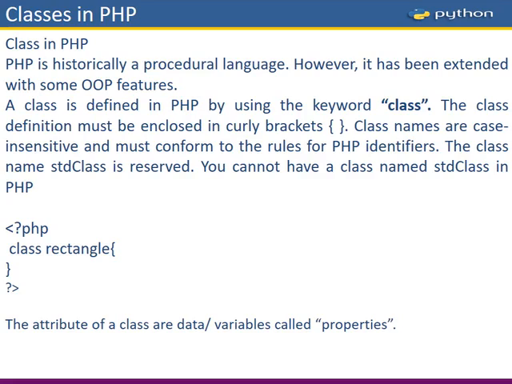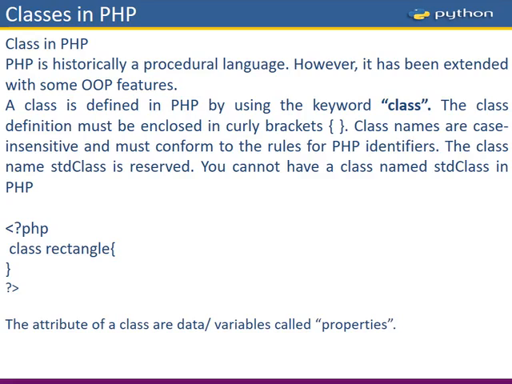The class name is case insensitive and must conform to the rules for PHP identifiers. The class name stdClass is reserved, so you cannot have a class named stdClass in PHP. We have the example of a PHP class Rectangle, starting with a curly bracket and ending with a curly bracket.